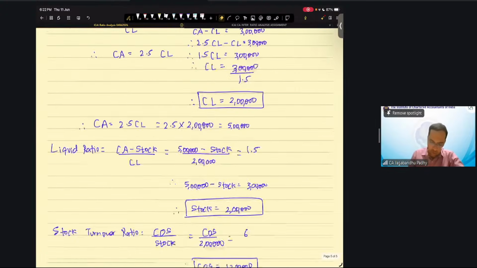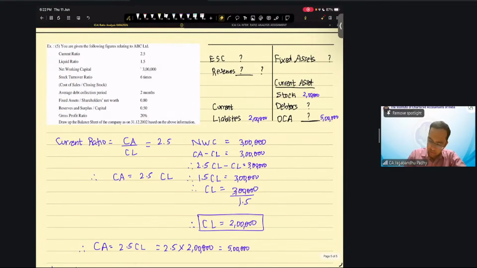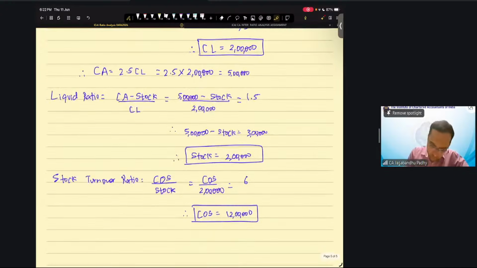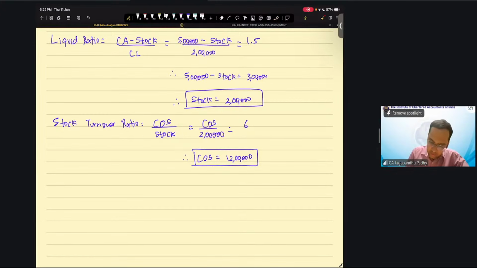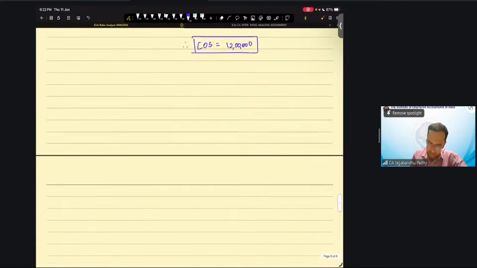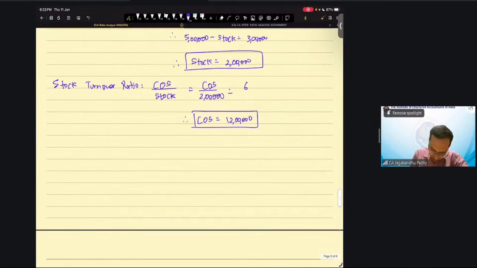To compute now the value of debtors, we'll be using the average debt collection period, which is 2 months, but that is based on the sales value. Since this is based on sales value, I need the value of sales. Now, for sales, we have the GP ratio, gross profit ratio, as 20%. How do we calculate the GP ratio?